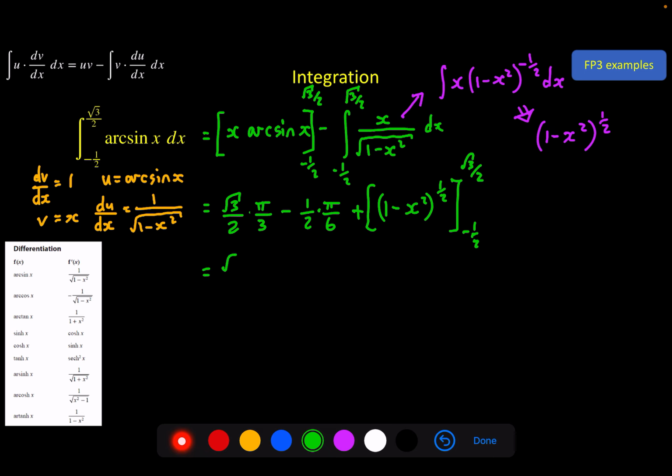So over here we've got root 3 pi by 6 minus pi by 12, and then if I put the limits in here, let me just think this through, I might not need a calculator because squaring that will give me 3 over 4. 1 minus 3/4 is 1/4, and the square root of a quarter is a half.